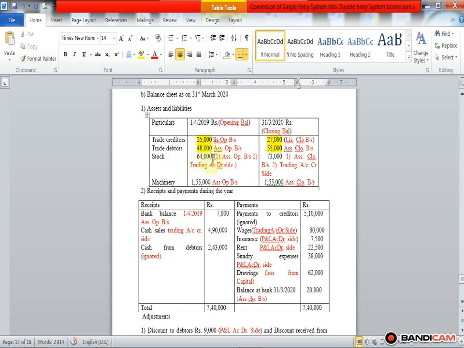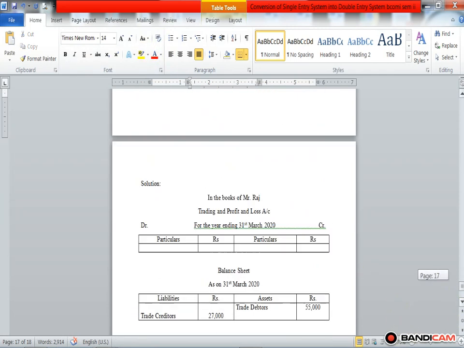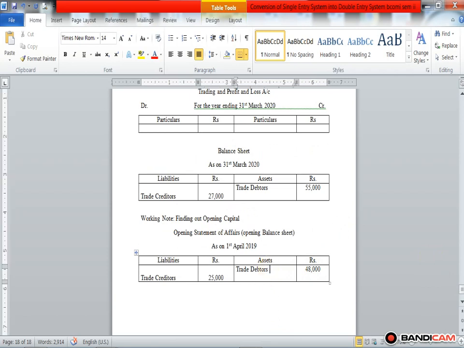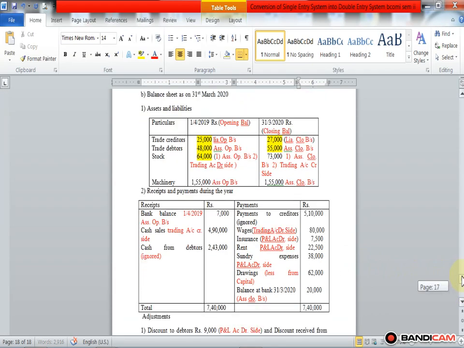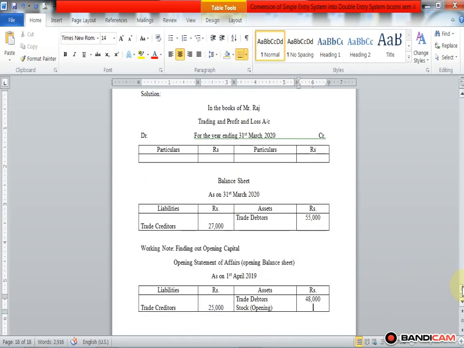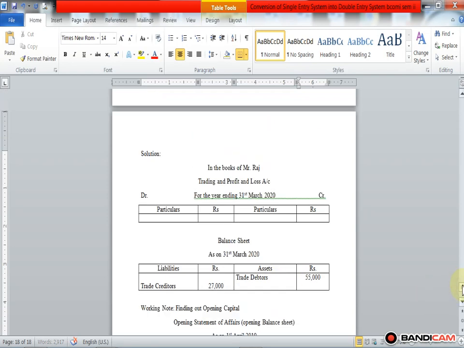So for stock, first of all, transfer the opening balance to the opening balance sheet asset side. Stock (opening) amounted to rupees 64,000. Then the second effect is on the trading account debit side.